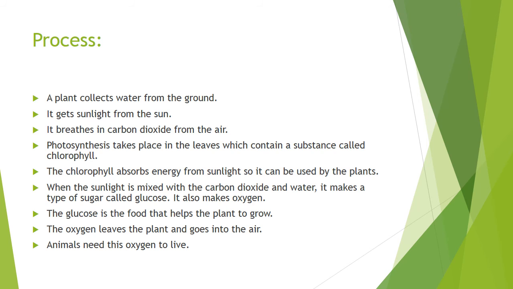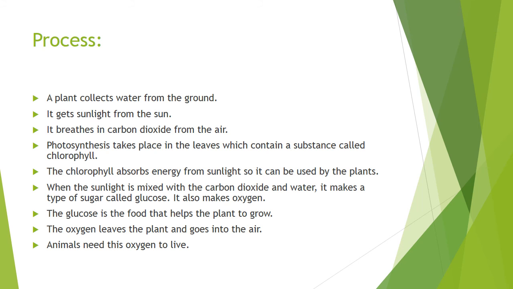It is the food that helps the plant to grow. With this glucose, it also makes oxygen. What happens with the oxygen? The oxygen leaves the plant and goes into the air. ऑक्सीजन फिर एयर में रिलीज कर दिया जाता है, which is taken in by the animals and human beings. Animals need this oxygen to live.